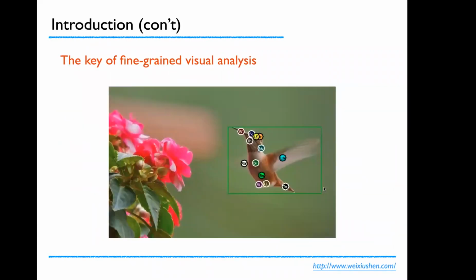Thus, for handling such a challenge, a key of fine-grained visual analysis is to locate and capture the discriminative but subtle part-level patterns and features to describe fine-grained objects. For example, it is desirable to obtain the cues of the head colors and the wing textures of birds, because they can distinguish them from other subordinate categories.